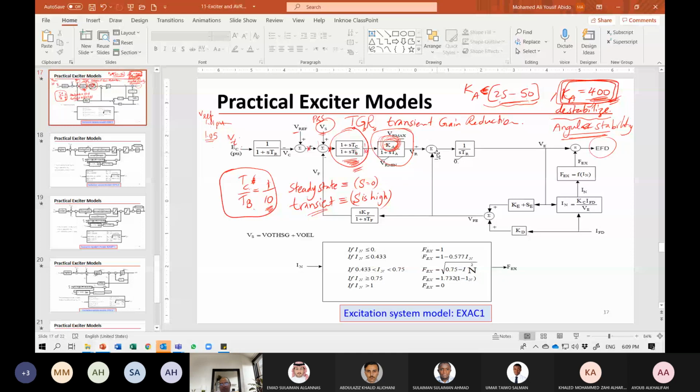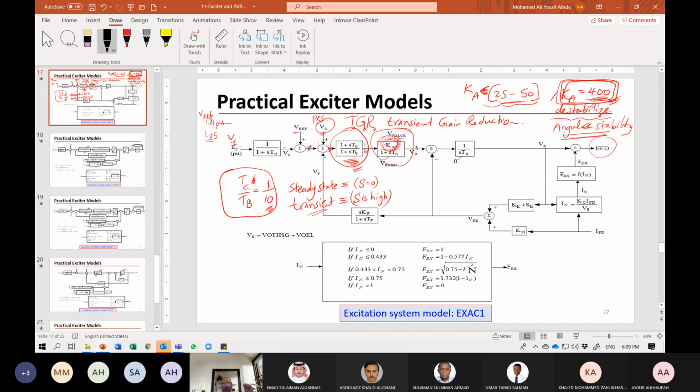And here, you are talking about the signal here. Okay, we have a limiter here. This doesn't play any role in the steady state. Is it clear? Yes.